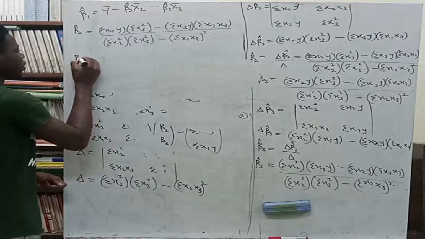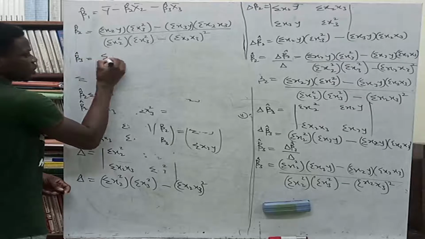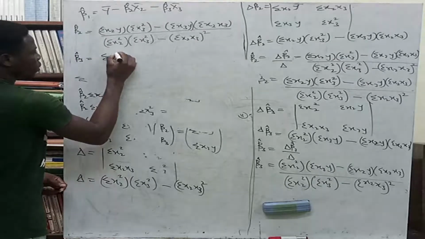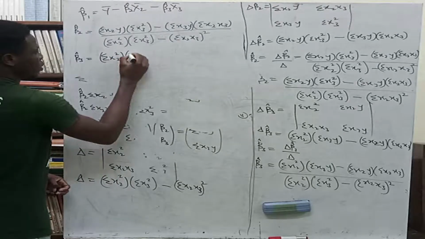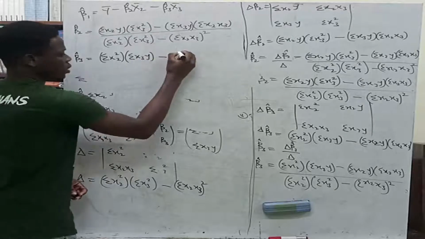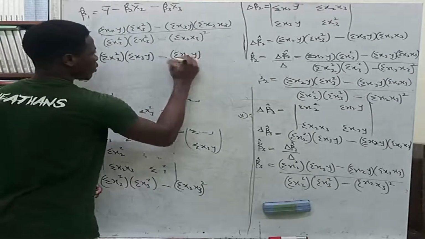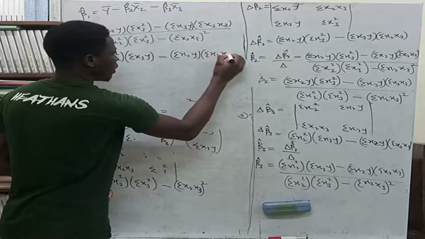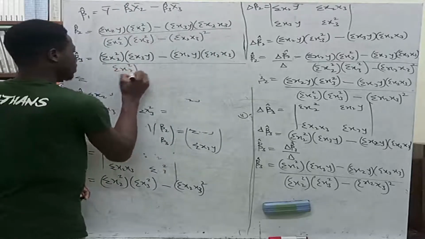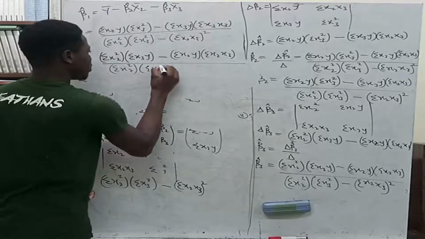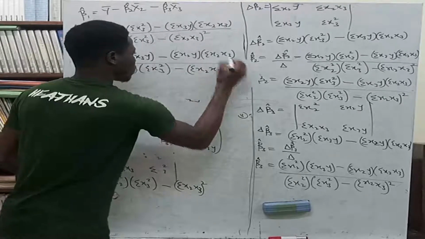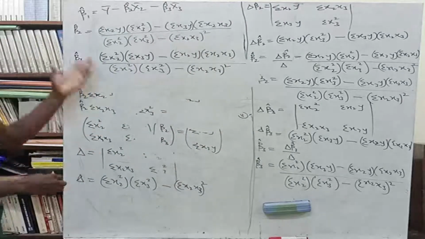So for beta 3 we have summation x2 squared summation x3y minus summation x2y summation x2 x3 all over summation x2 squared summation x3 squared minus summation x2 x3 all squared. So these are the three estimators.